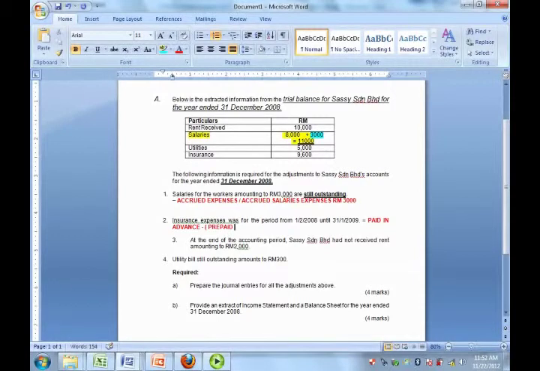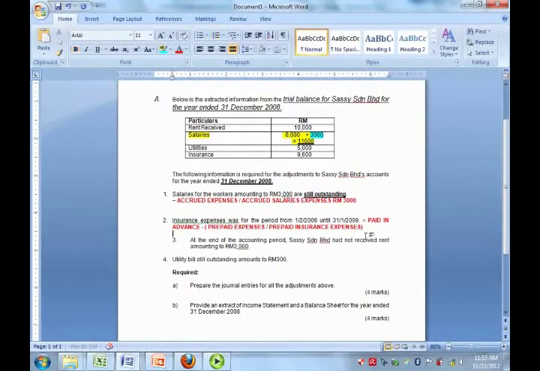Correct. Prepaid expenses, or also known as what, class? Prepaid insurance expenses. Clear? Alright.